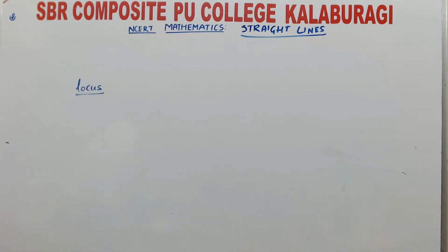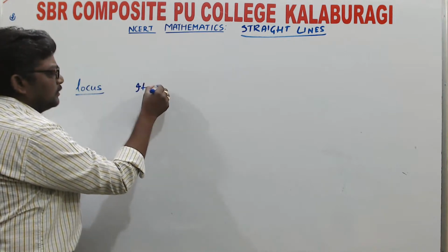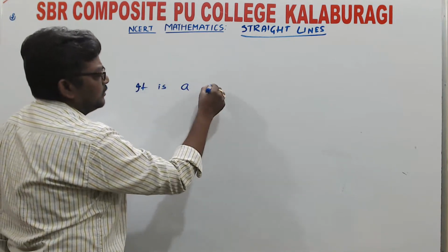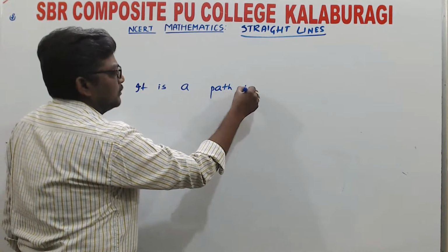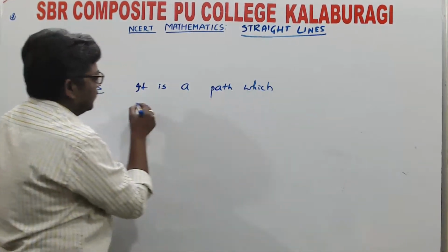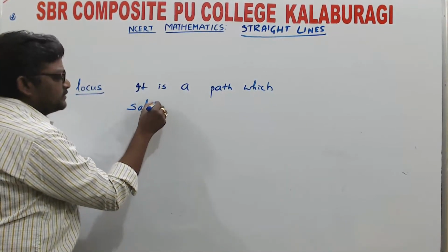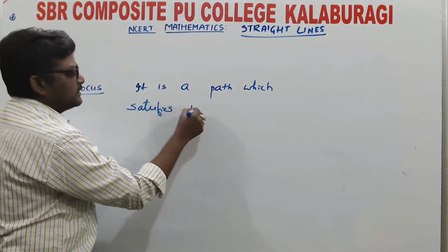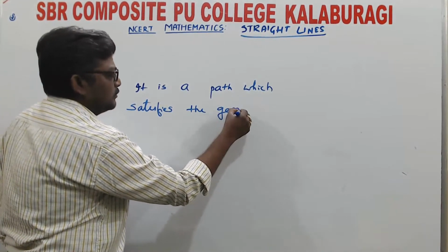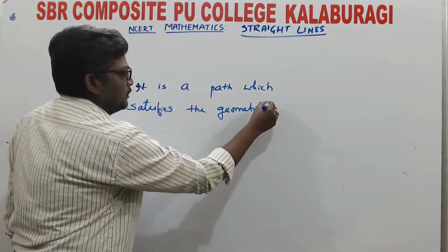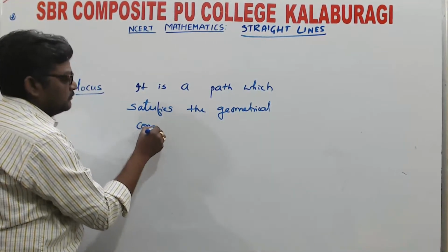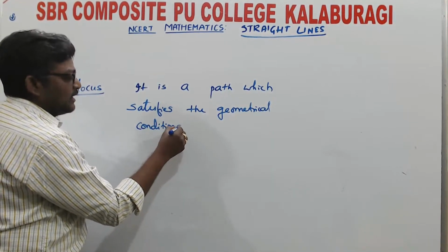Locus is nothing but a path, a simple definition, which satisfies geometrical conditions.